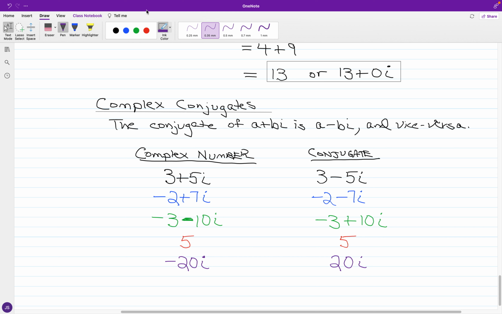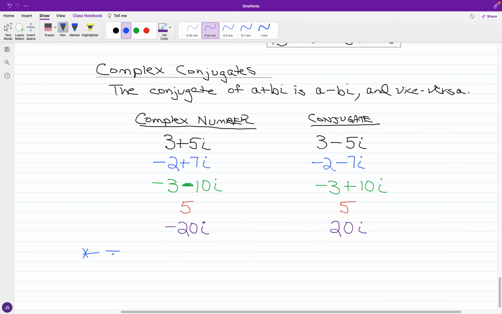And the product, okay, and working with conjugates. Whenever you multiply conjugate numbers, you're going to end up with a constant.